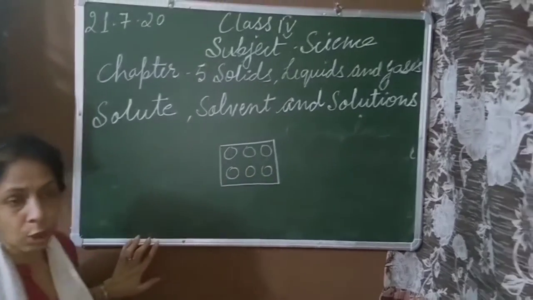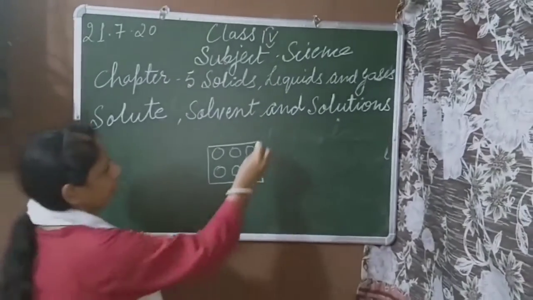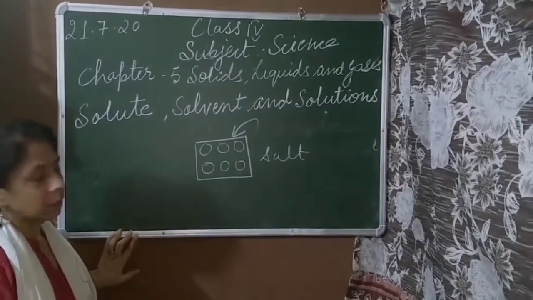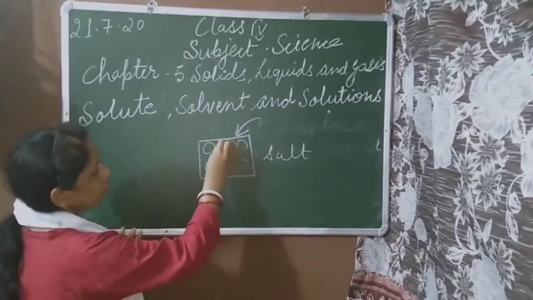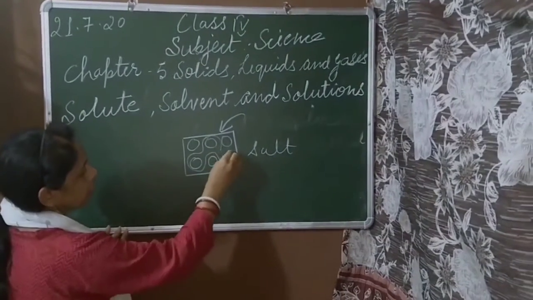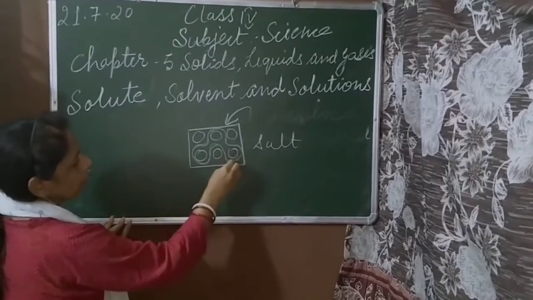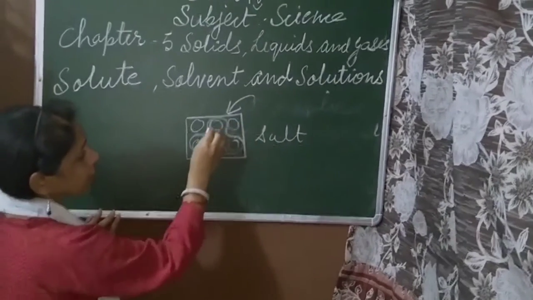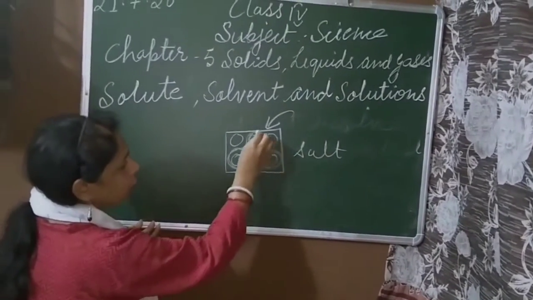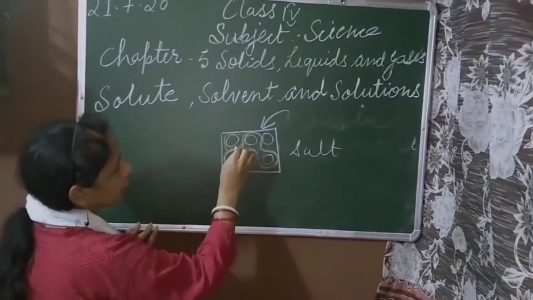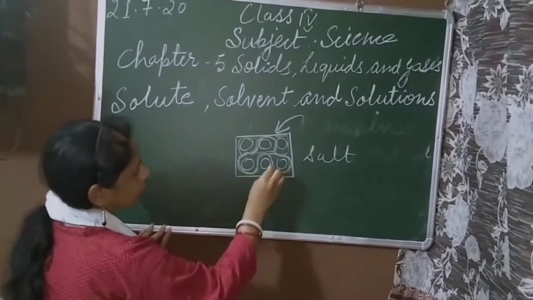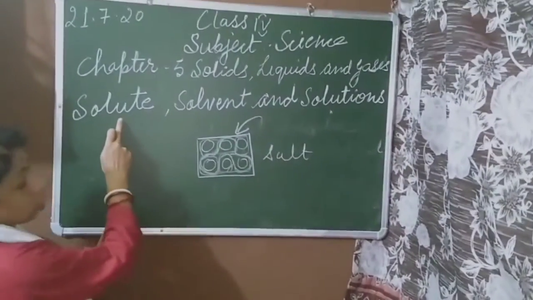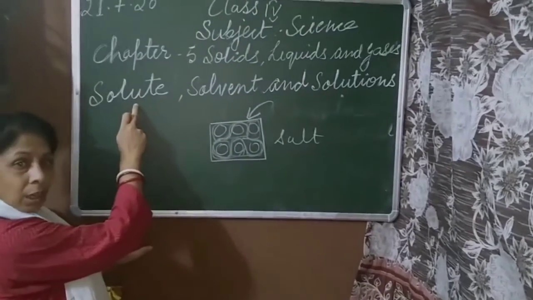This is the molecules of liquid. When we add salt in it, see the intermolecular space here. So the particle of salt occupies this space. It dissolves and occupies this intermolecular space. So here the salt is a solute. Understood?